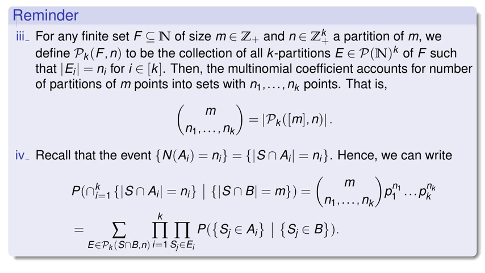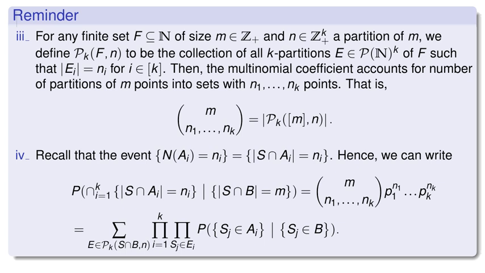Continuing our reminder, third, for any finite set F of natural numbers with size m and a vector n in Z plus to the k that partitions m, let's define script P sub k of F, n as the collection of all k partitions E of F, such that the size of E_i is n_i for each i from 1 to k.